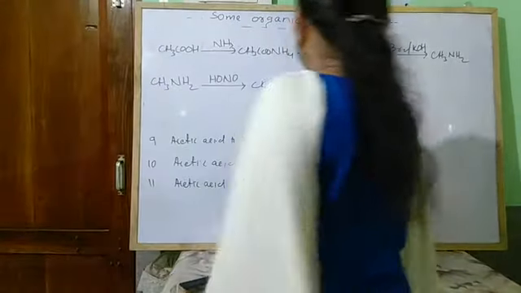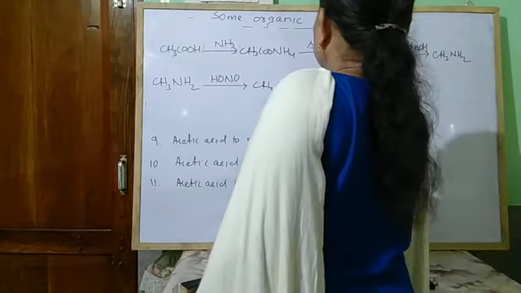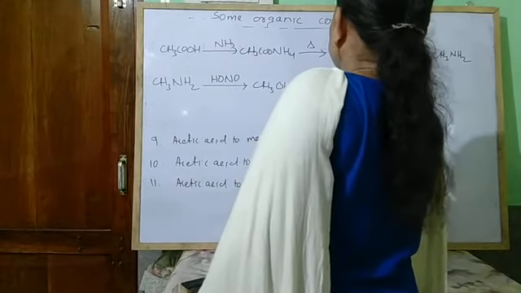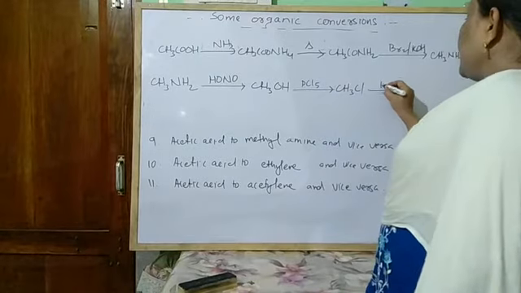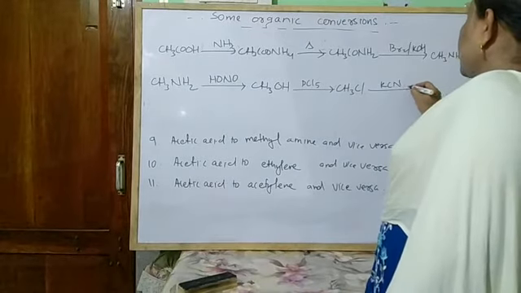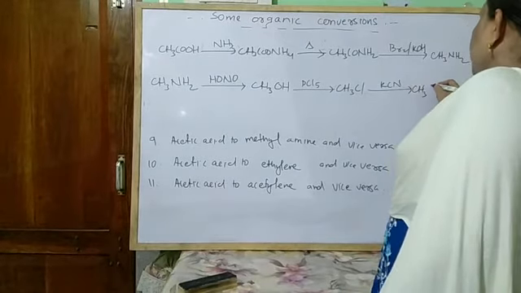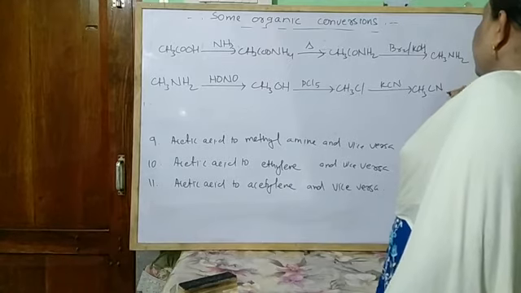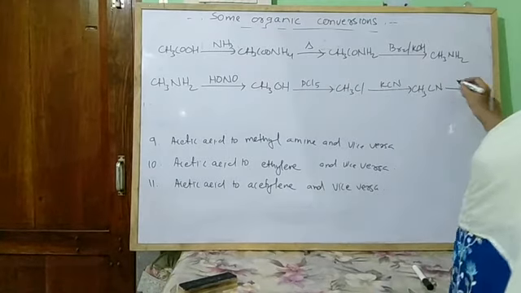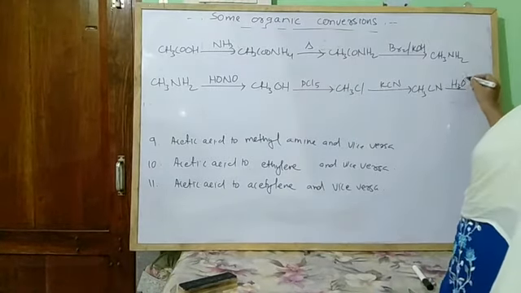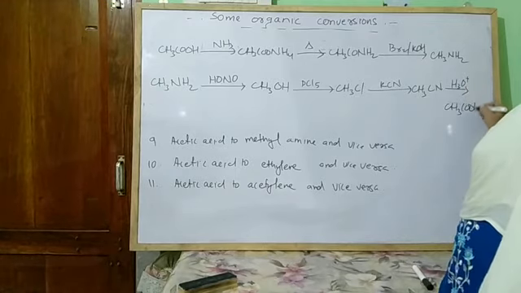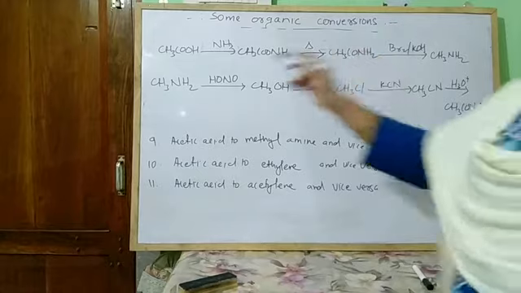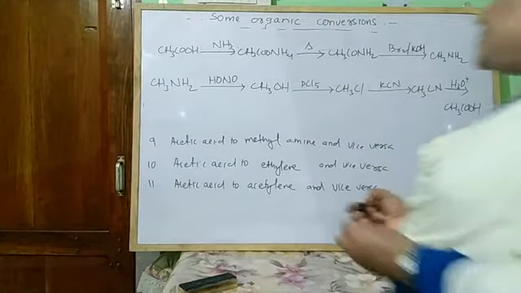Methyl alcohol reacts with phosphorus pentachloride to give methyl chloride. Methyl chloride treated with potassium cyanide gives methyl cyanide. Methyl cyanide undergoes hydrolysis and forms acetic acid. This is methylamine to acetic acid.